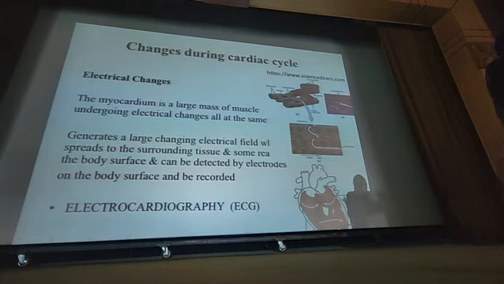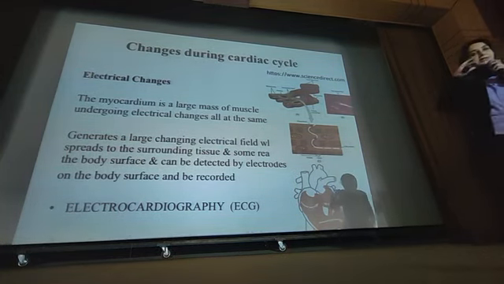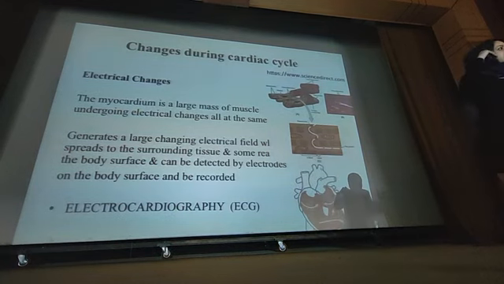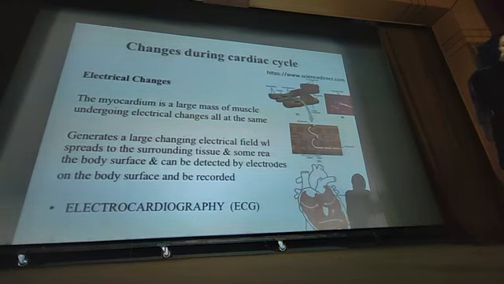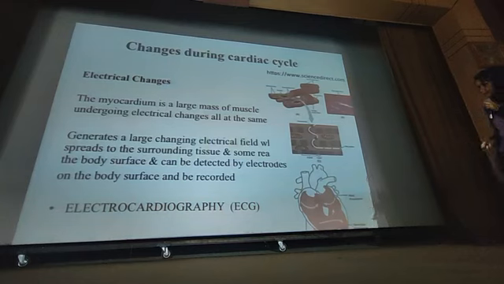This metal is important for conducting these small currents that reach the surface of the body, recording them, and transferring them to a galvanometer. The galvanometer enlarges the signals; if there were no galvanometer, the signals would be too small to see with the naked eye. So we can see the changes that occur in the heart through ECG.